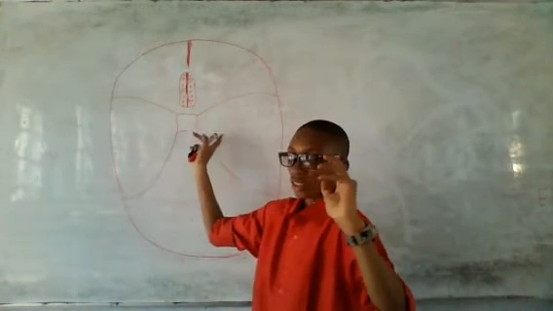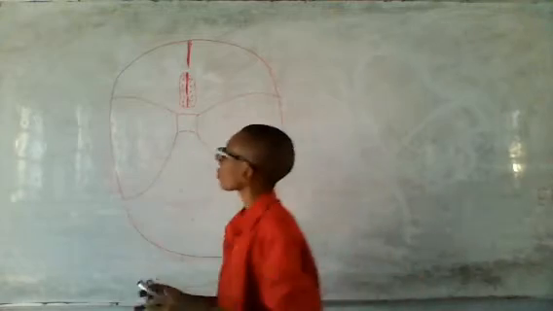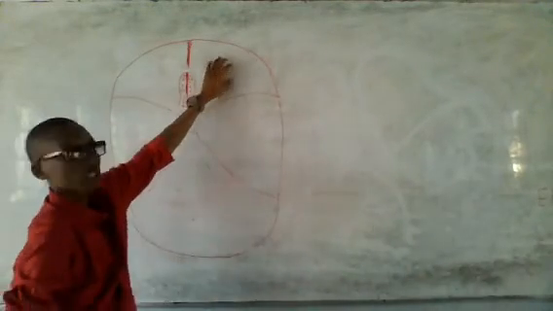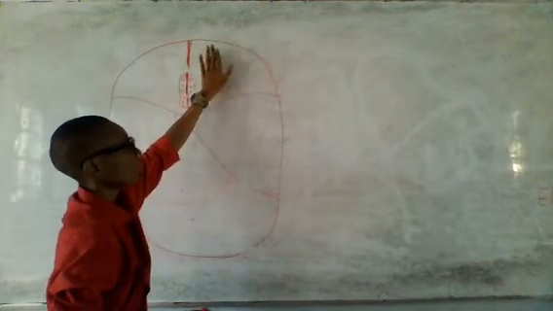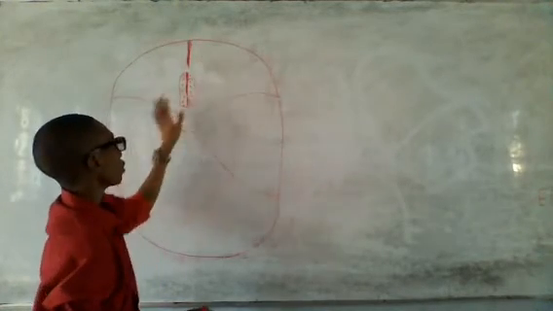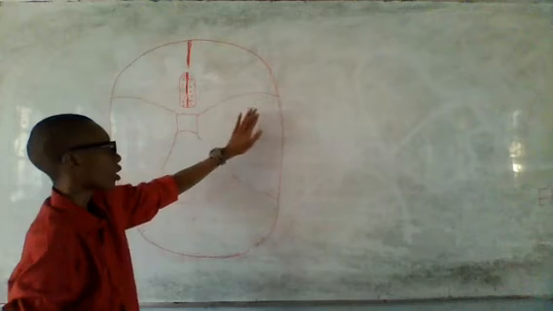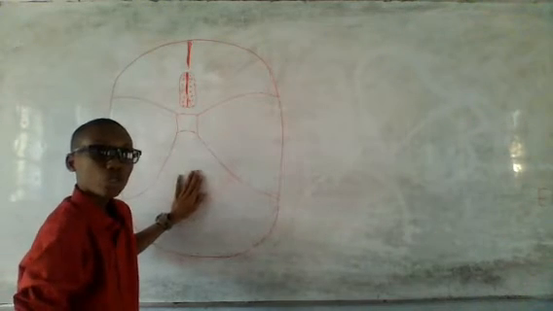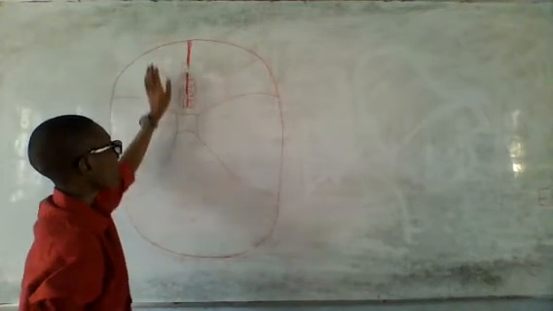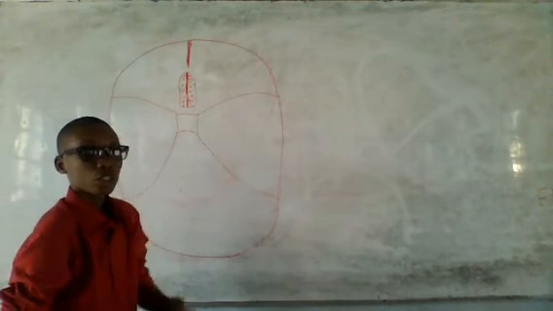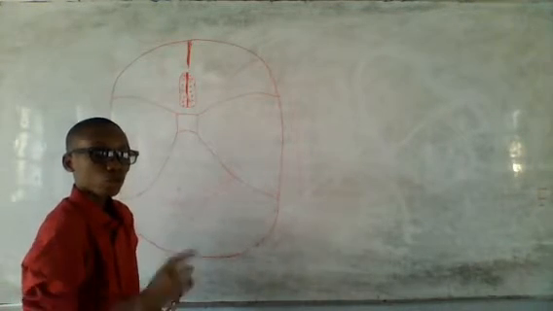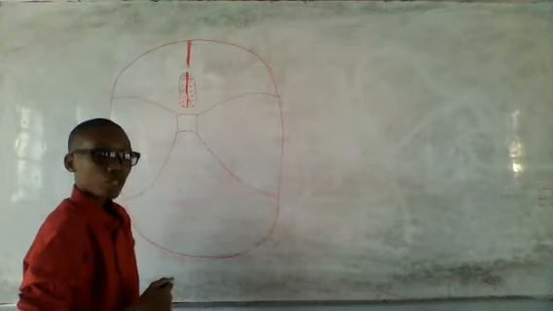That's what you are seeing. When you view it, you're going to see the anterior cranial fossa, the middle cranial fossa, and the posterior cranial fossa. All these fossae and their features, we'll discuss in other videos. So check out the video on the cranial fossa.